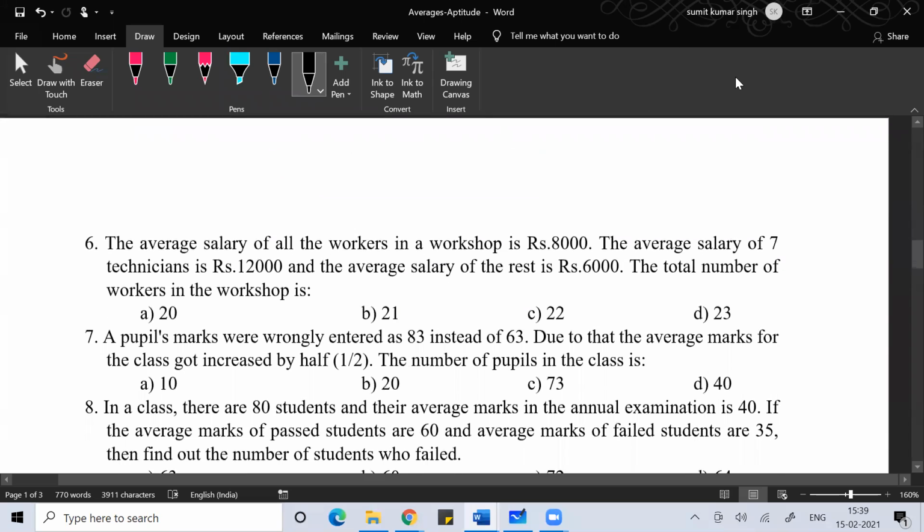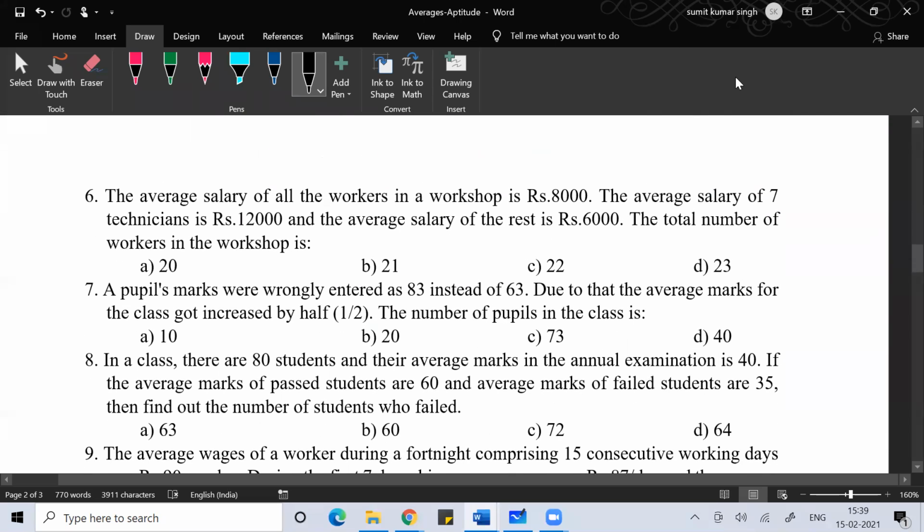So try this question number 6 by yourself. Everyone, please try this question number 6. You try, tell me the answer. Write in the chat option.